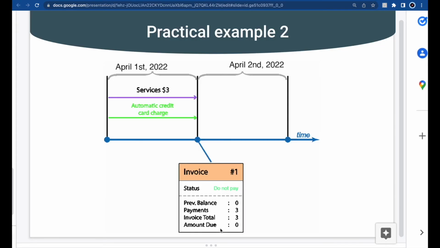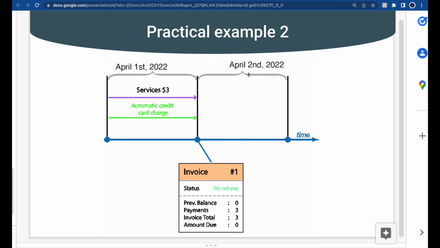We are ready for our second practical example. Here, in our second example, our customer was created on April 1st and has a daily billing period as well. During the first billing period, they used services for $3 and also entered their credit card on the self-care portal.